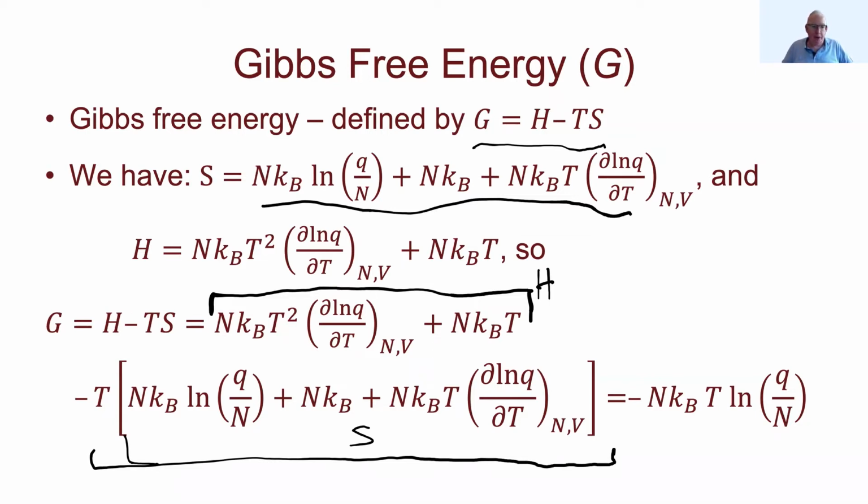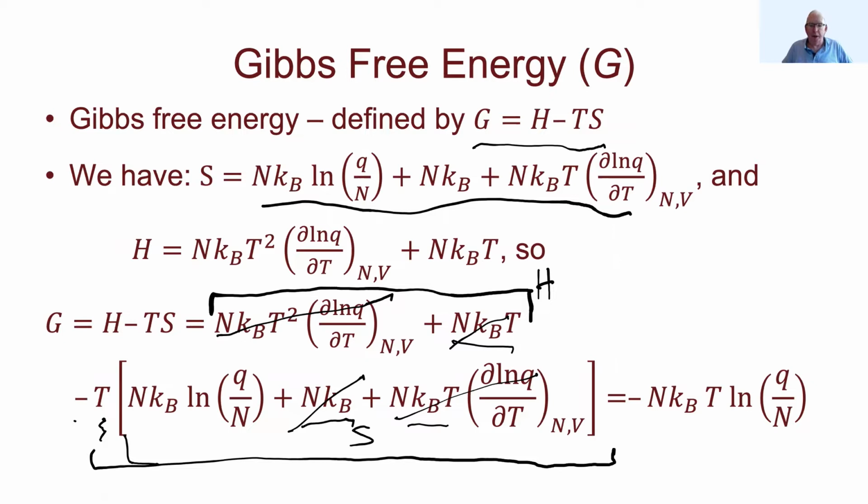If you look through that, we have to be a little bit careful because I've got this T out here multiplying things, right? So this term here becomes NkT squared times the derivative of the natural log of Q. That's got the minus sign also out here, so that means that this term will cancel with that one. I've got an NkT here, and here I've got an Nk inside the brackets being multiplied by minus T, so that means I have plus NkT up here and minus NkT down there, so those terms will also cancel.